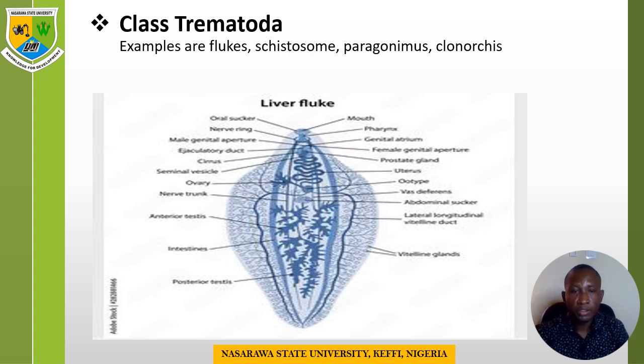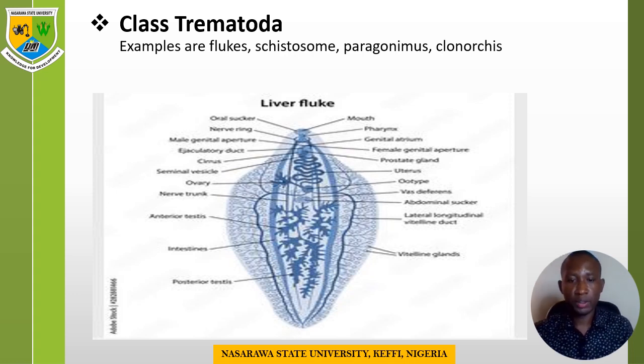So we have different types of flukes, and we have the schistosome, and then other organisms like Paragonimus, and then Clonorchis as examples of organisms under this class.